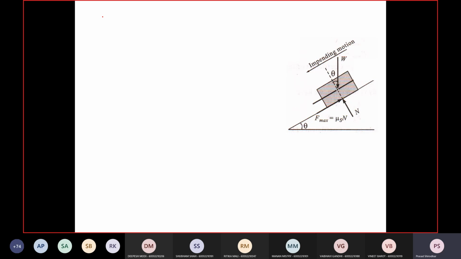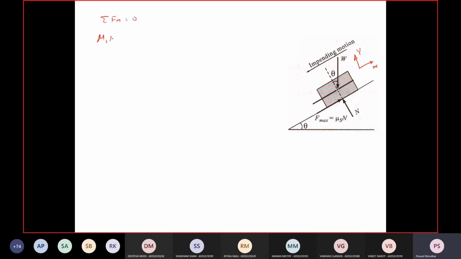So let's write the equations of equilibrium. Summation Fx is equal to 0. I'm going to take the x-axis and y-axis along the plane and perpendicular to the plane.